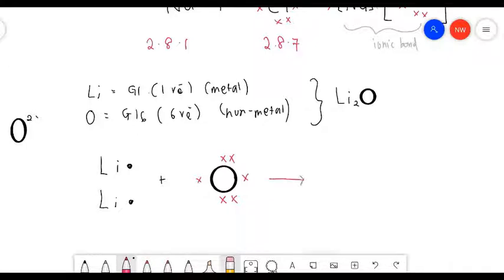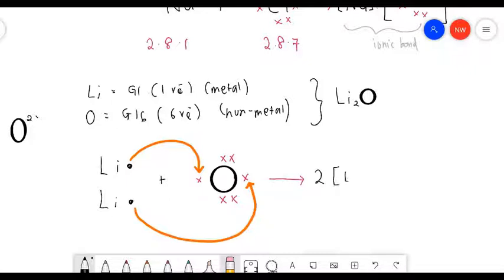So kita show the formation. Transfer of electron ke sini dan juga transfer of electron ke sini. Jadi kita akan dapat di sini, kita ada 2 biji atom lithium kan. So 2 biji Li yang bercharge positif sebab dia dah hilang sebiji elektron.